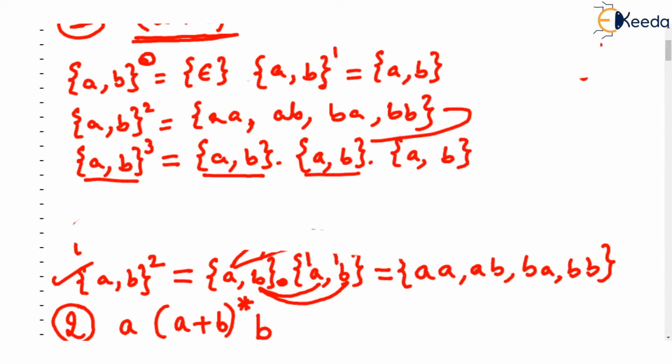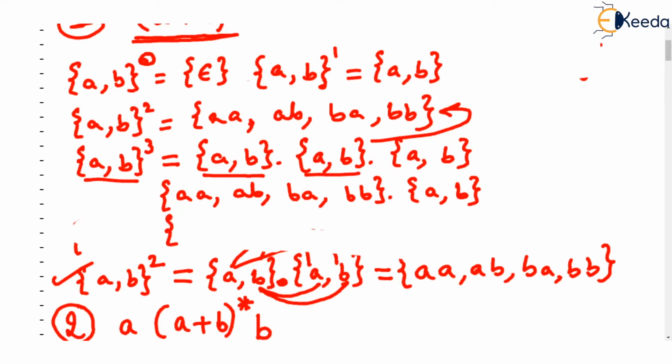This is the result. That means we are actually finding the Cartesian product of this left hand side set with {A, B}. Obviously we will get a set where, you watch, the first element of the left set will be joined with the first element of the right set, we'll get AAA.